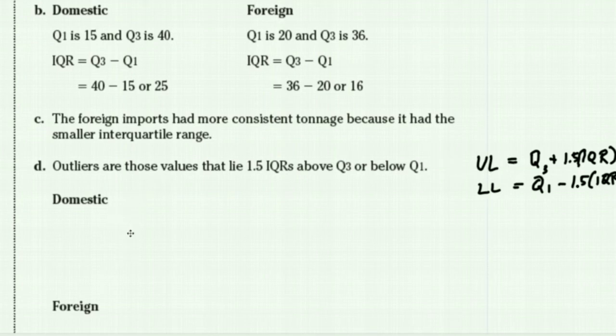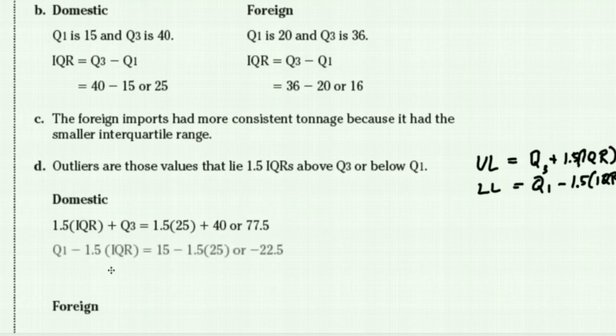So for the domestic, 1.5 times the IQR plus Q3: since our IQR is 25, we get 1.5 times that, plus 40. So our upper limit would be 77.5. And our lower limit would be Q1 minus 1.5 IQR, which is 15 minus 1.5 times 25, or negative 22.5.